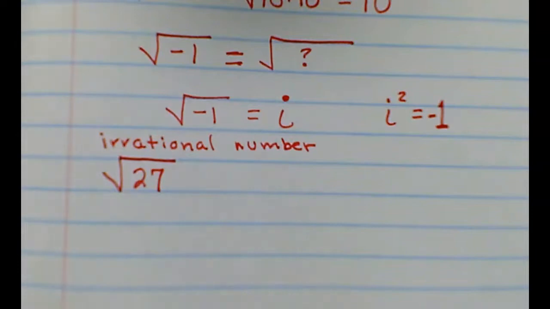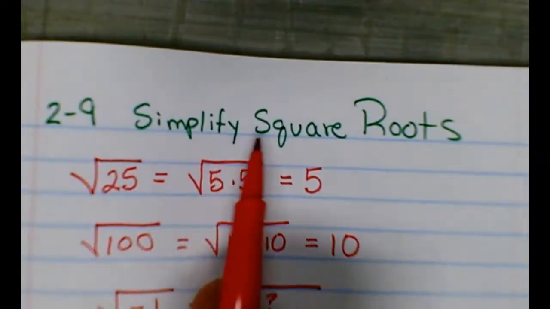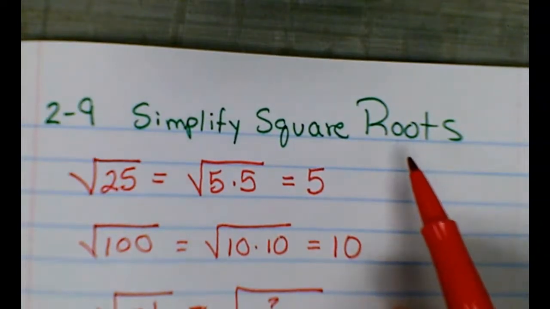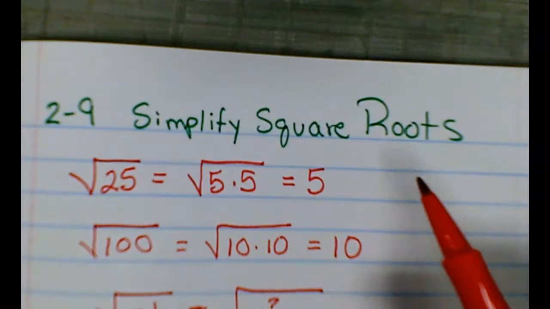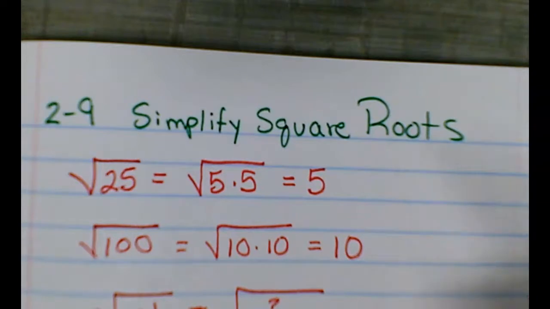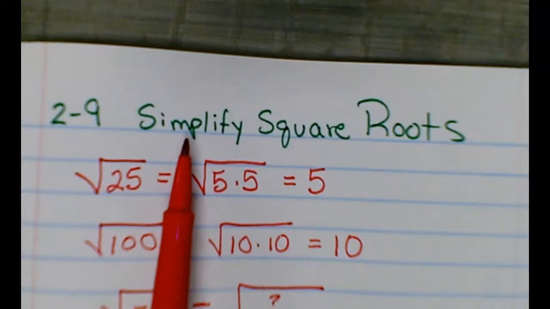What we're going to learn today is called simplify square roots. Simplify does not mean decimalize. It is very simple to put it in a calculator and get a decimal number. But this terminology is old school. It's older than me.